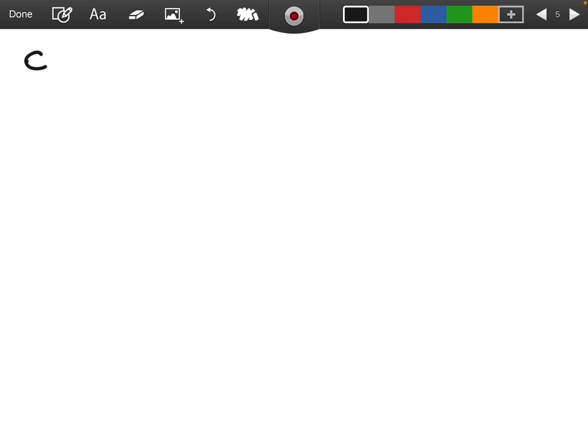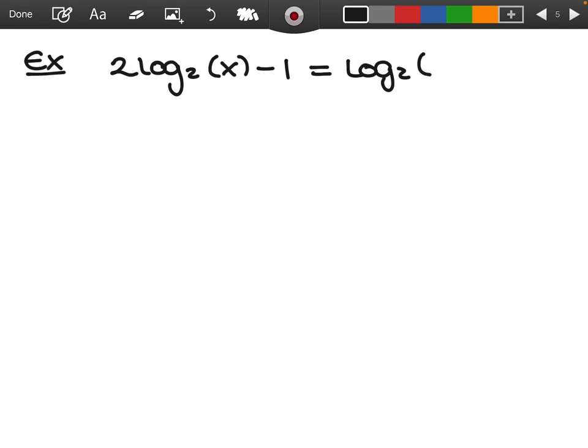Okay, so let's do this example and I'll take it step by step to show you what you're going to do. So here we've got 2 log 2 x minus 1 is equal to log 2 of x plus 12. Okay. Your first step here is to collect all log terms on one side, all other terms on the other.